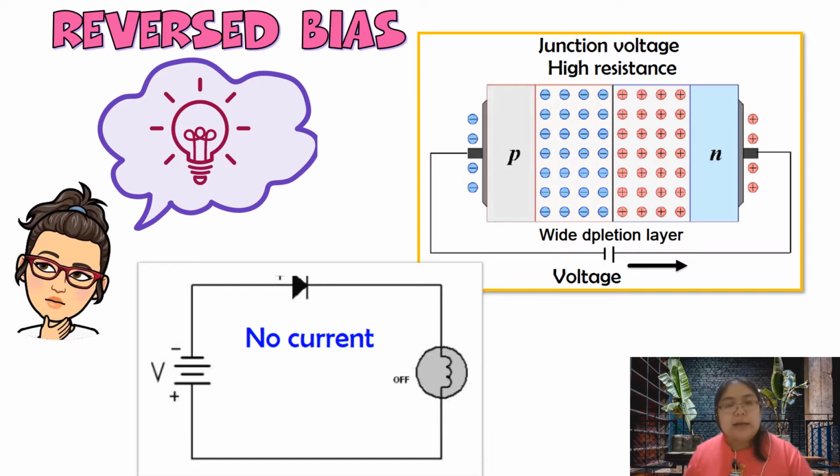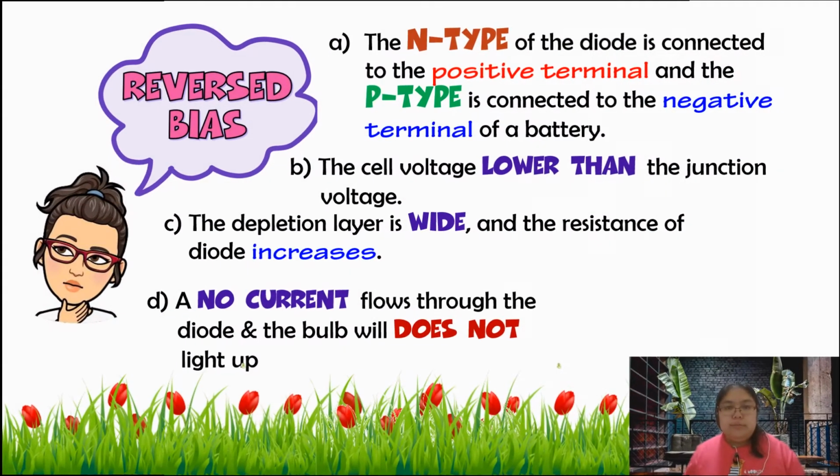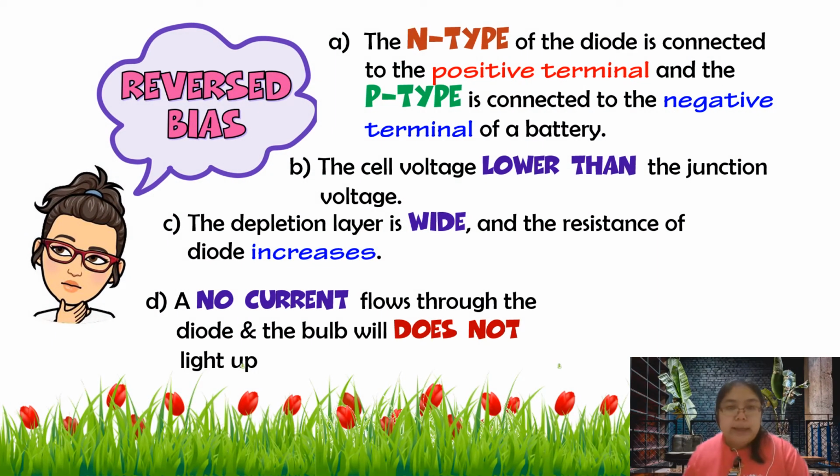Okay, let's see the explanation for reverse bias. 4 marks again. First, the terminal connection: the N-type of the diode is connected to the positive terminal, and the P-type is joined with the negative terminal. So the cell voltage is lower than the junction voltage.